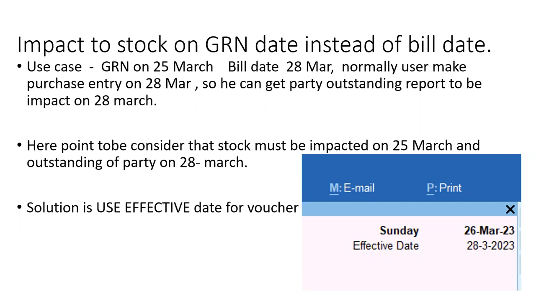Now the question arises, if the purchase bill is received on 25th or 26th, on the same day or next day, because of my quality checking, because of some store working, because of holidays, I have to put it on 28th March. What happens?